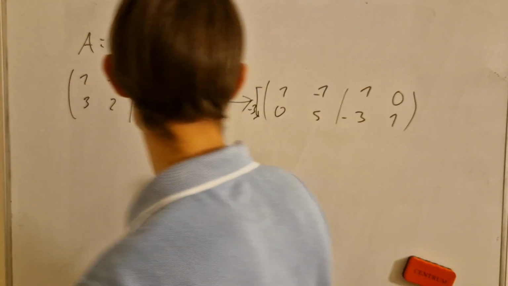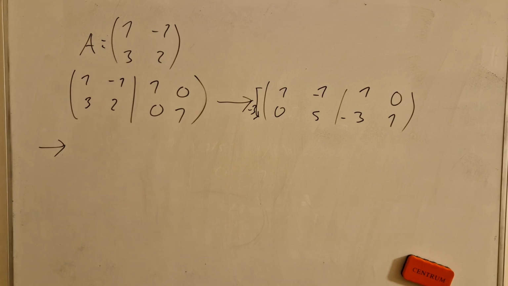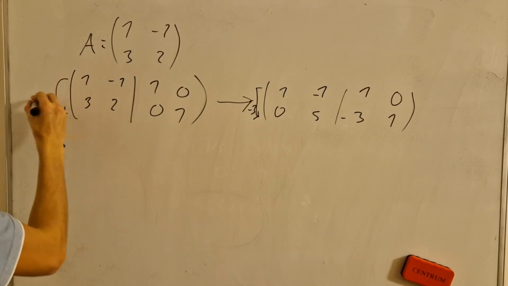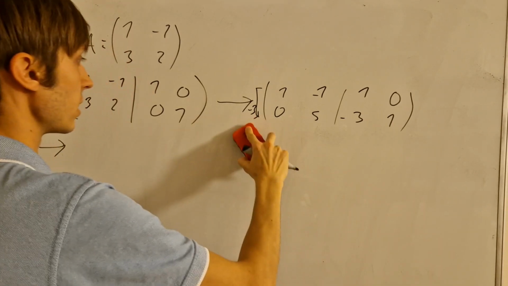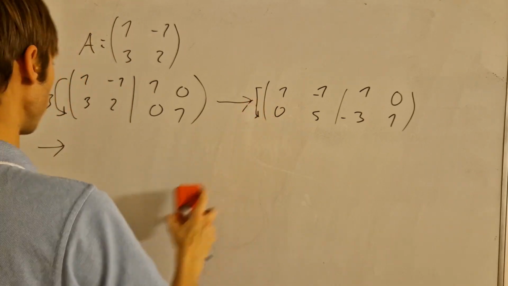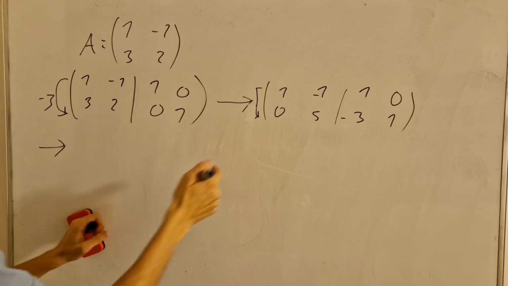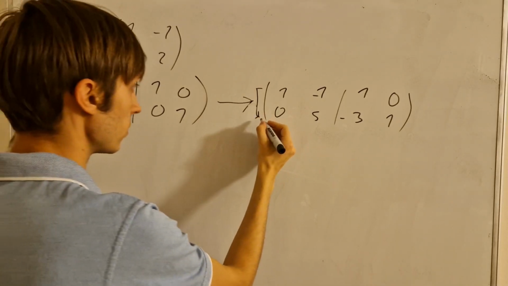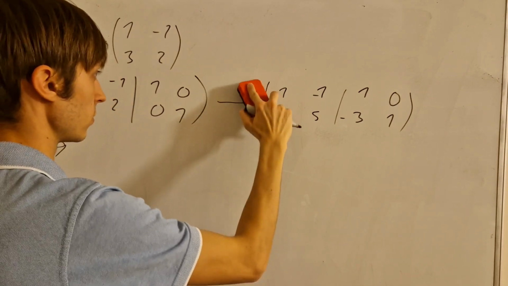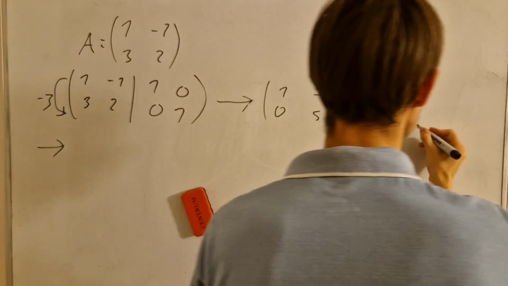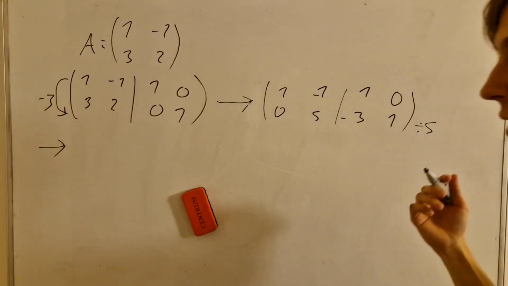Actually there's 3 steps. So this is the first step. The second step will be, well, actually we do it already here. So I'll write the second step that will be applied for the third one on the second one. Divide the second row by 5.